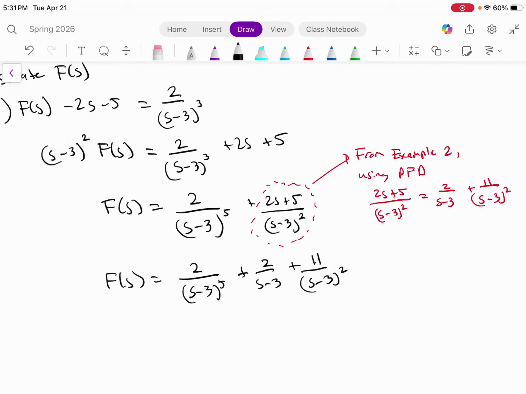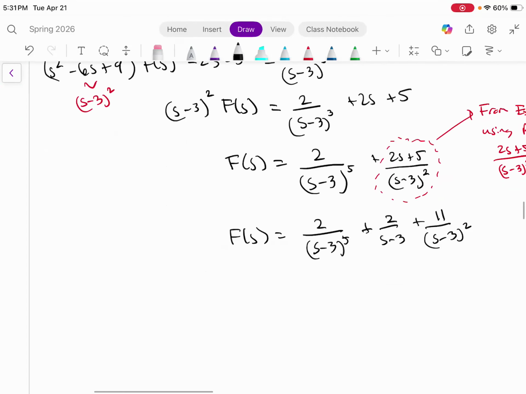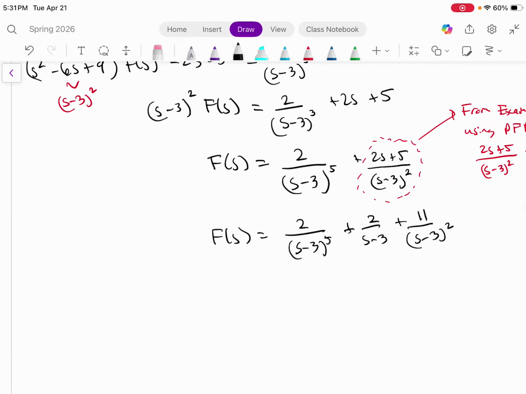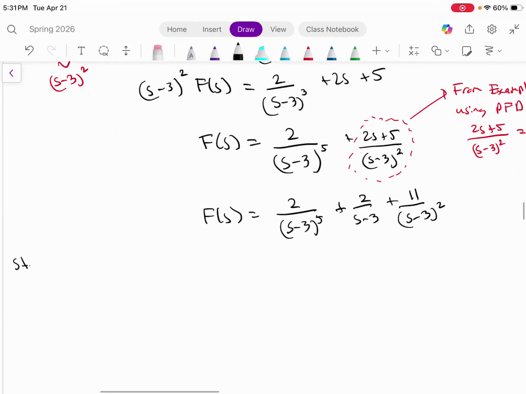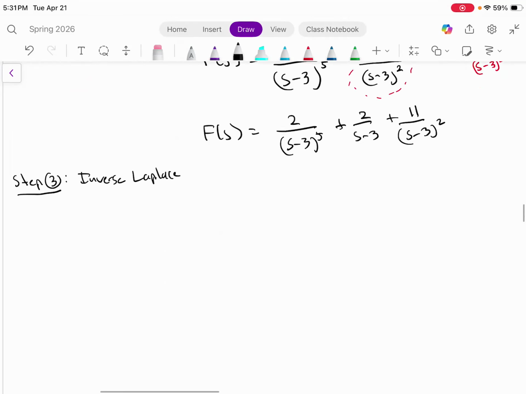Okay, so we have our F of s, and we do that because our last step is going to be the inverse Laplace.